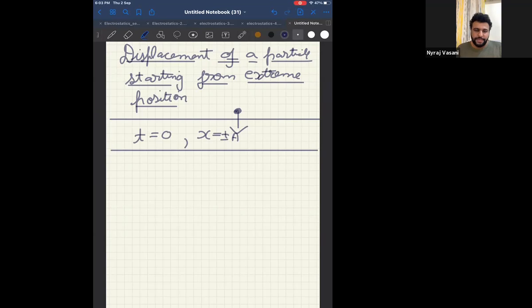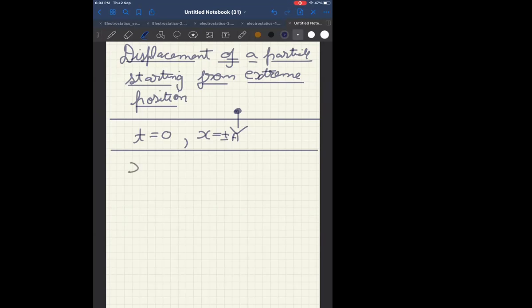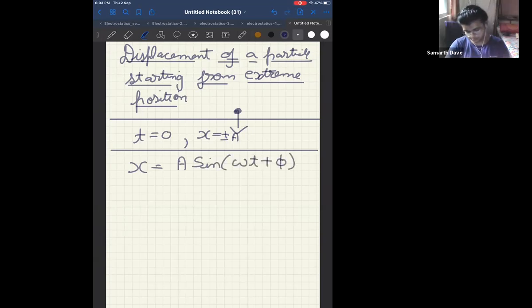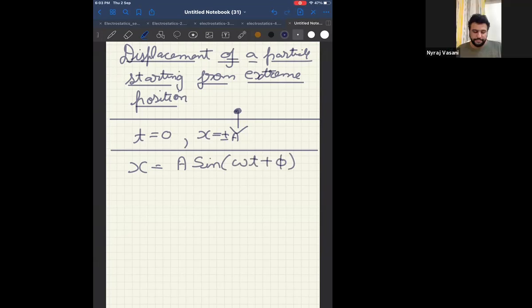Now, what is the formula for displacement? Can anyone tell? A sine omega t plus phi. Then t equal to 0, x is equal to plus or minus A. I will just take it as A, I'll ignore the sign.